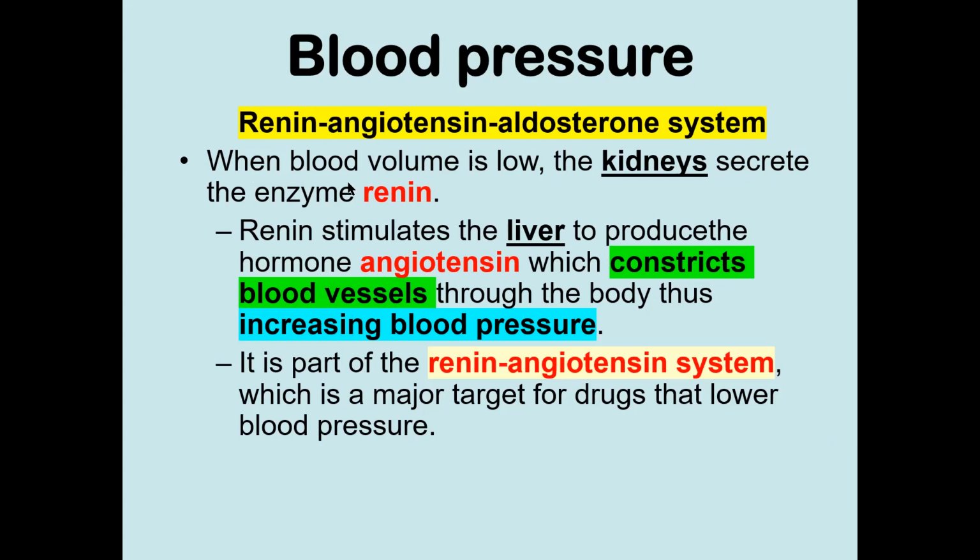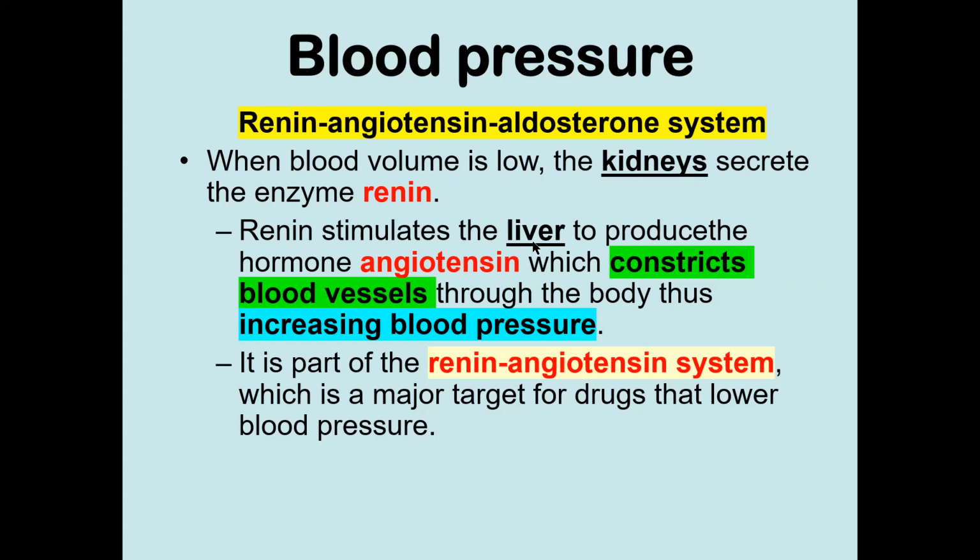Now, when the blood volume is low, it means you might be dehydrated, or you might have an accident and you lose blood. But whatever the cause, when the blood volume is low, and that's sensed by the kidneys, they secrete this enzyme, renin.